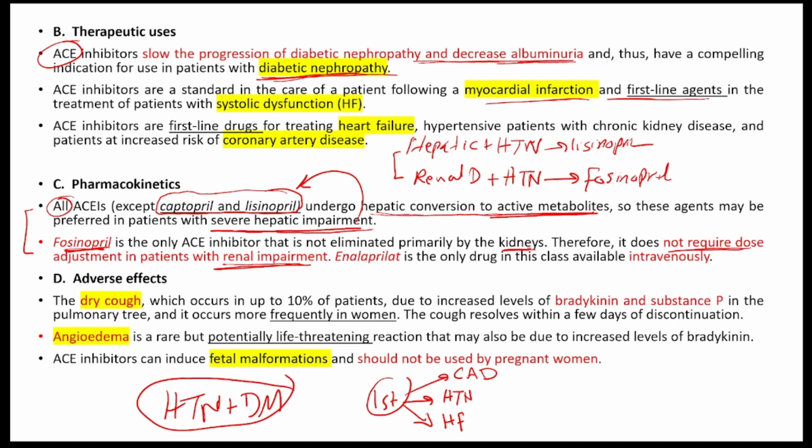Now, if we talk about the important issues with this medication, we have many side effects, but we focus on the major ones, even if rare. The adverse effects of this medication: dry cough. 10% of patients may suffer from dry cough, and the reason is related to increased bradykinin and substance P in the pulmonary tree.